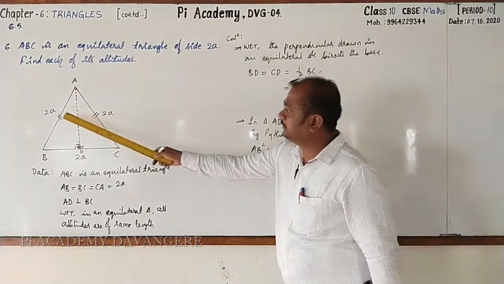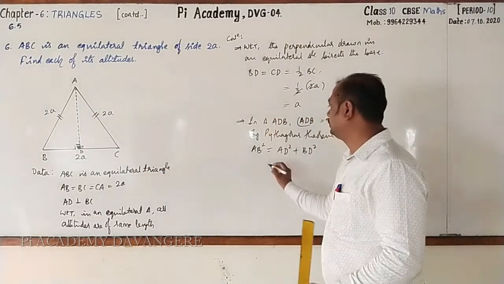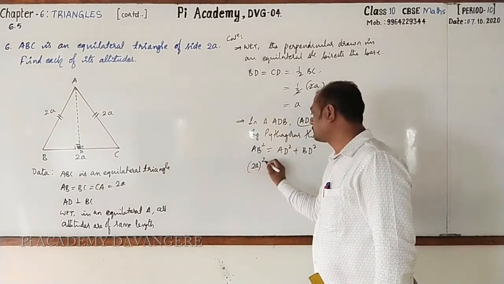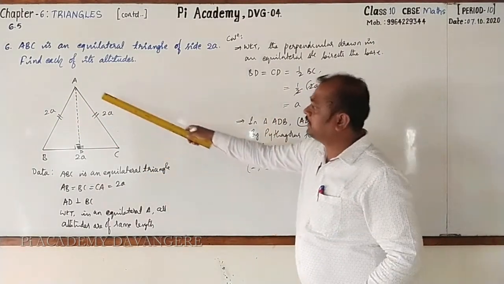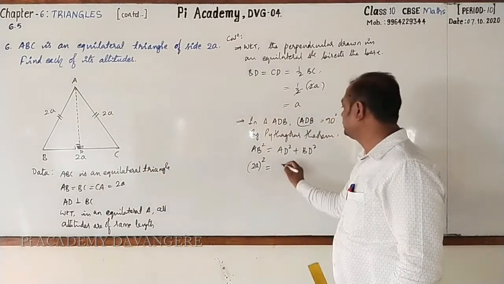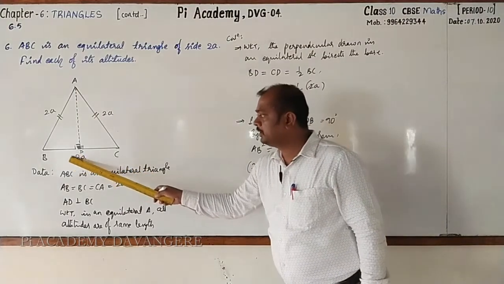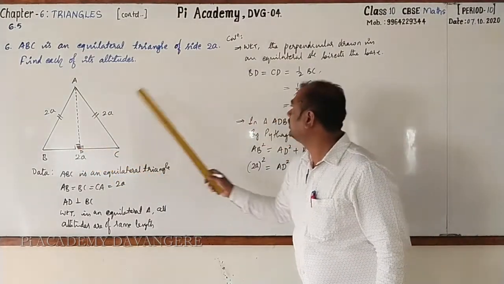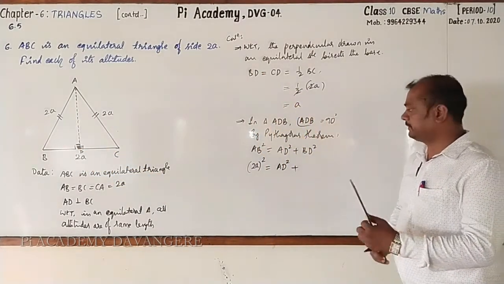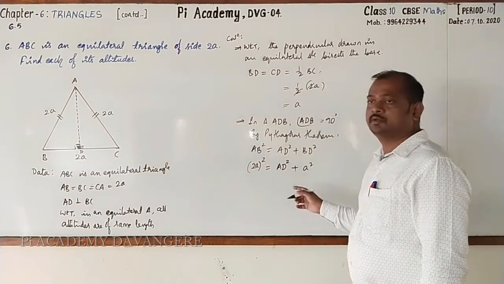What is AB? AB is 2a. So 2a whole square. AD is the height, which is going to be found out. Write this as it is. Then BD is how much? It is a. So a square.